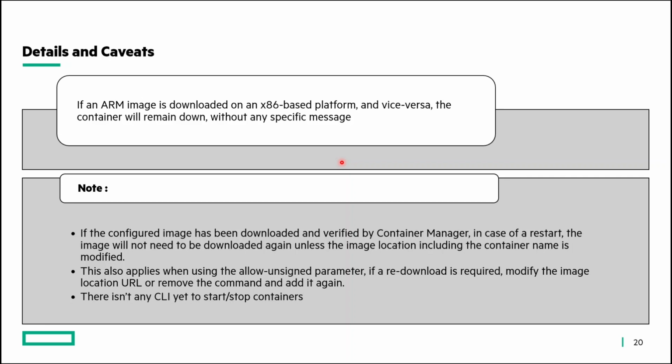So you can use the same old image. This also applies when using the allow unsigned parameter. If a redownload is required, just modify the image location URL or remove the command and add it again. I'd also like to highlight that we don't have any CLIs yet to stop or start containers inside CX.